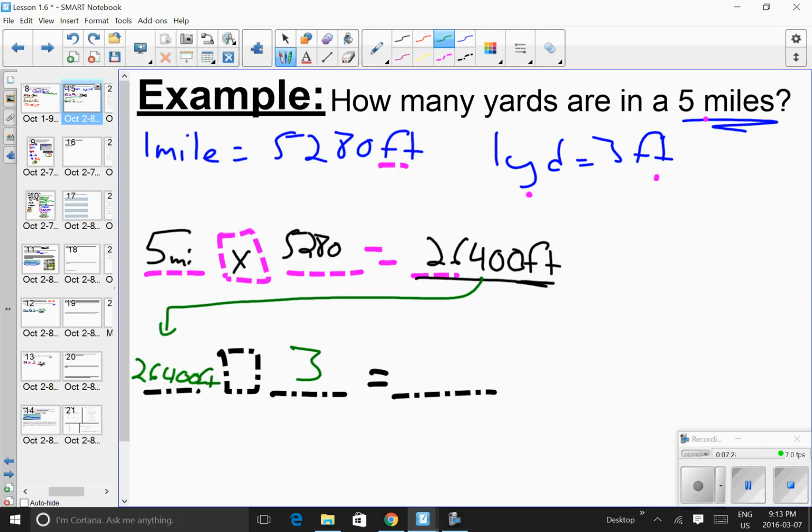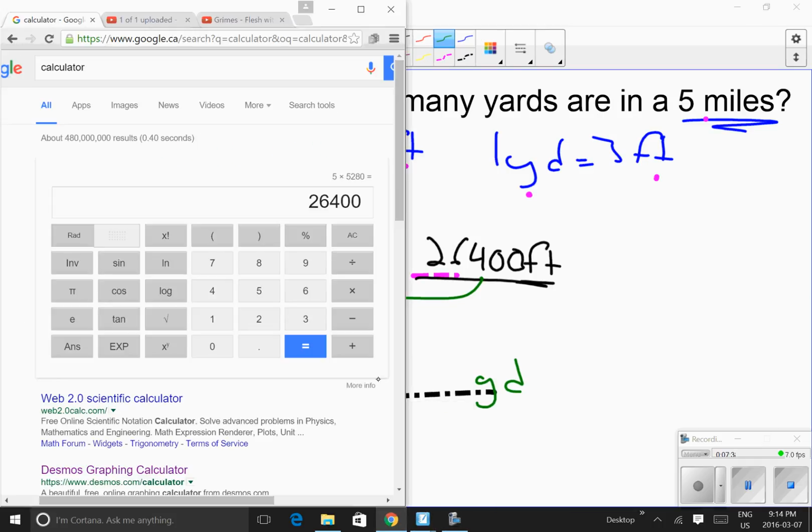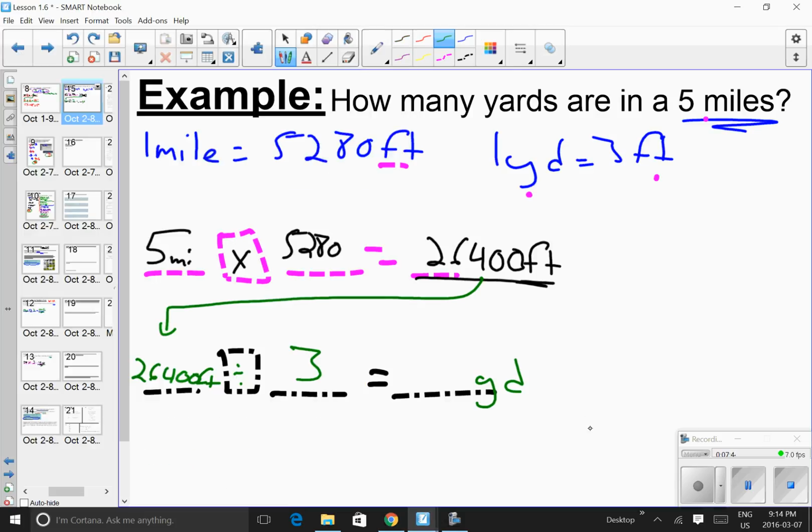That's feet. I'm changing into yards. So because I'm changing into a bigger unit, this time I gotta divide. So I'm going to take that number and divide it by 3, because 1 yard is 3 feet. There we go, 8,800. So 5 miles is 8,800 yards.